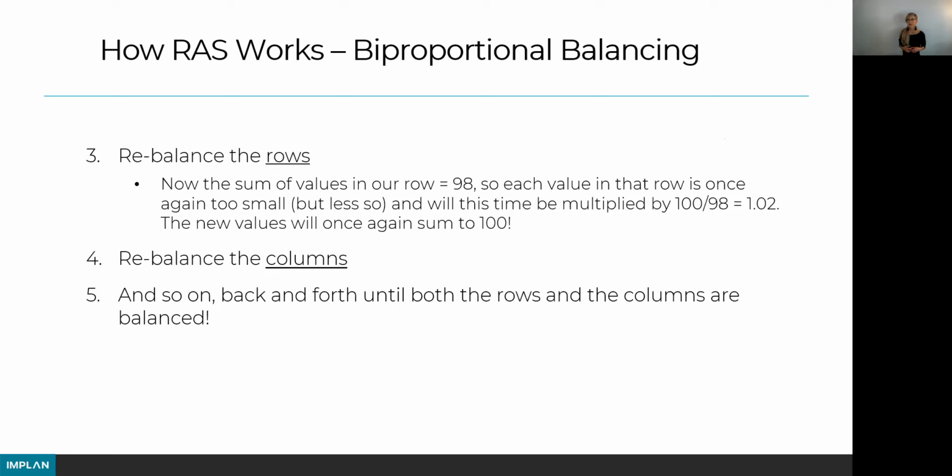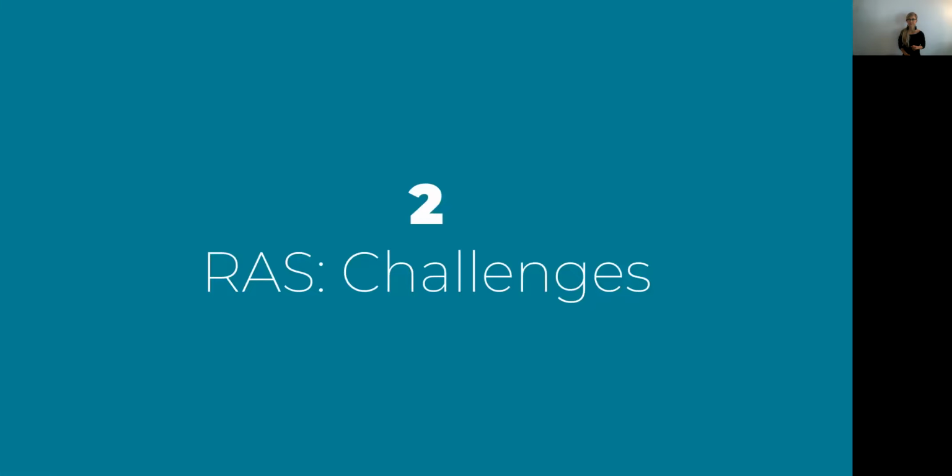Each value in that row is still too small, but less so. And this time they'll be multiplied by 100 divided by 98 instead of 100 divided by 90. So now we're multiplying them by 1.02 instead of 1.11. Once we do that, again, they're balanced, they sum to 100, but now our columns are a little bit unbalanced again, but less so. So we rebalance them and we go back and forth until all the rows and columns are balanced.